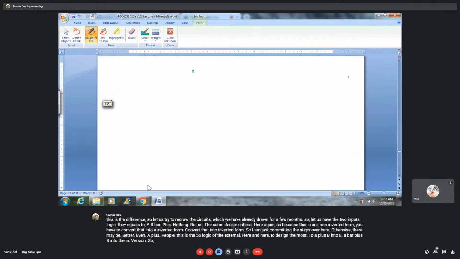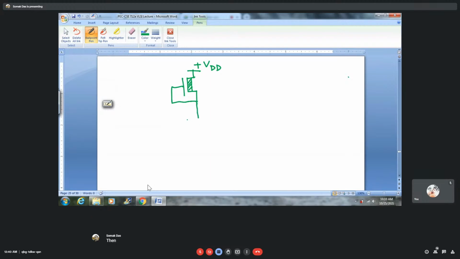So we do have the load transistor drawn first. It is a diffused channel load transistor connected with the positive biasing potential. The gate terminal of this load transistor is shorted with the source, and then you start designing the driver network. Here it will comprise two cascaded branches.